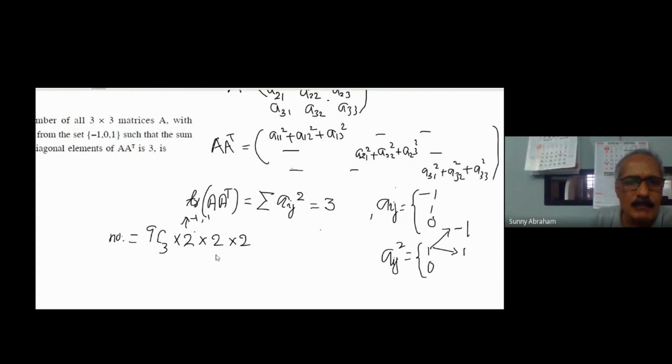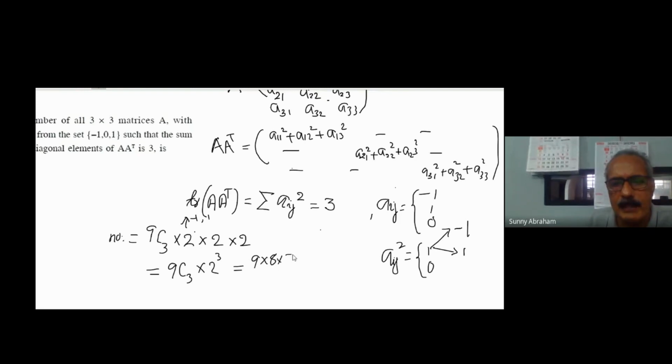Hence the answer will be 9C3 into 2 cube. You calculate. 9C3 is 9 into 8 into 7 divided by 1 into 2 into 3, into 2 cube, which is 8. The 3 cancels, and the 2 cancels with 8, leaving 4.